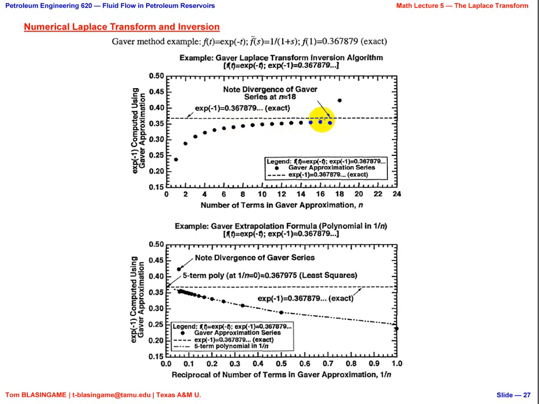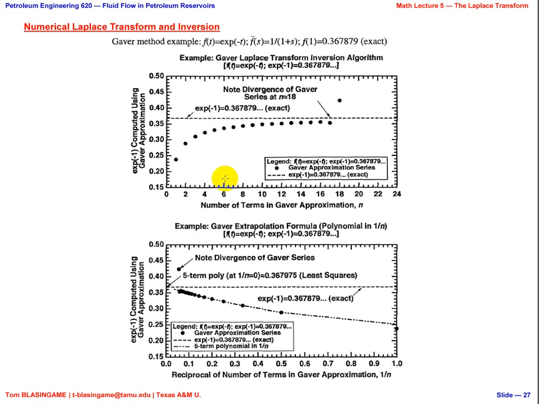If you exceed 16, you may start having numerical instability; the algorithm becomes really unstable for large n's. But you cannot use low n's either.